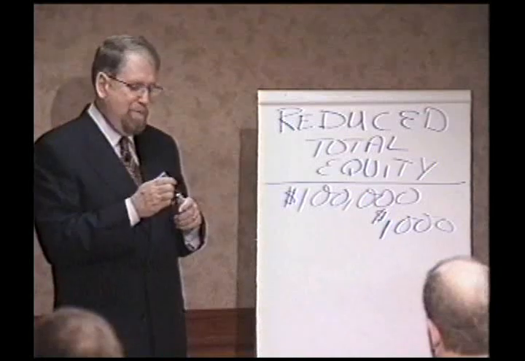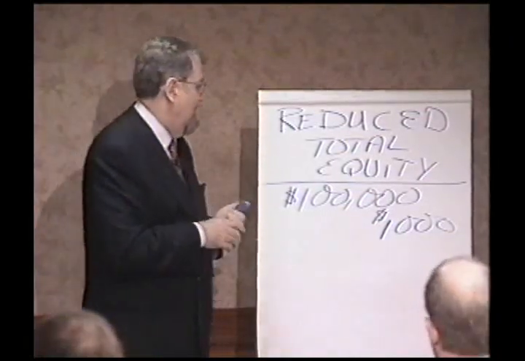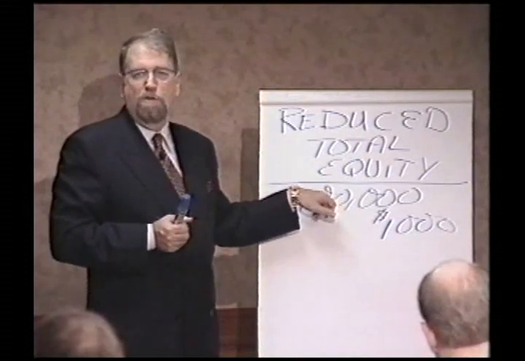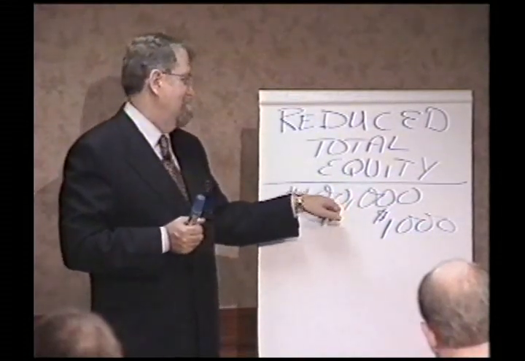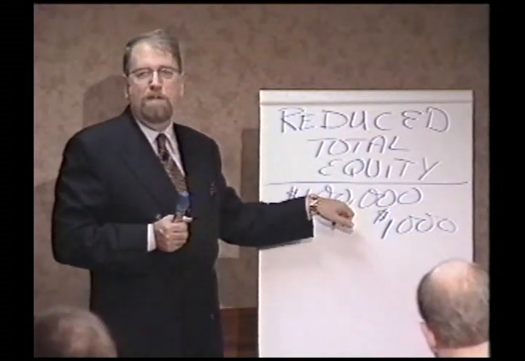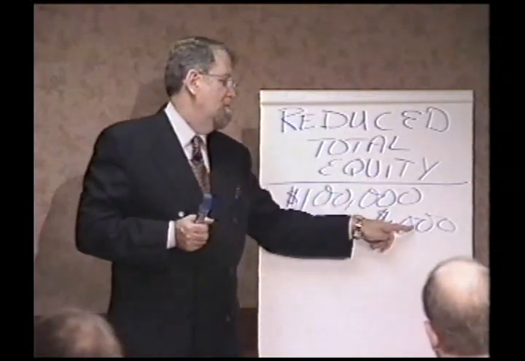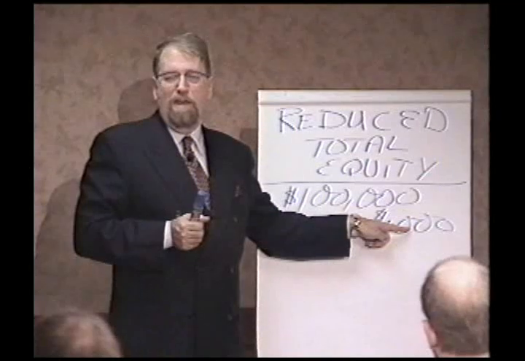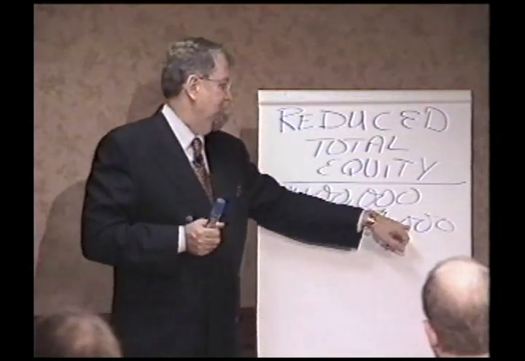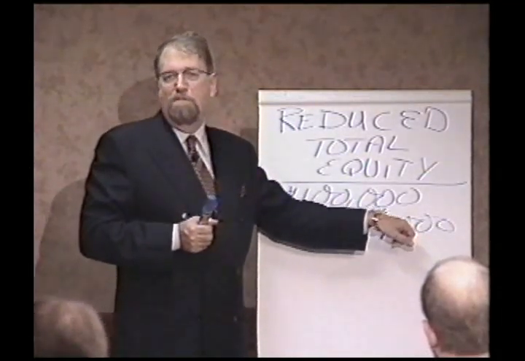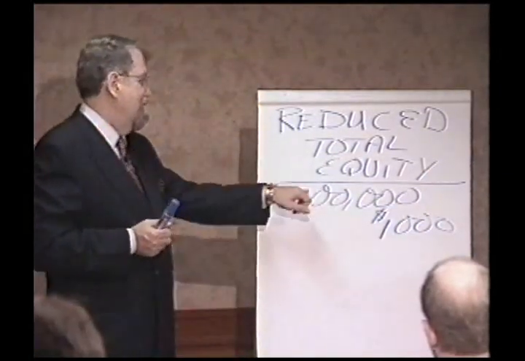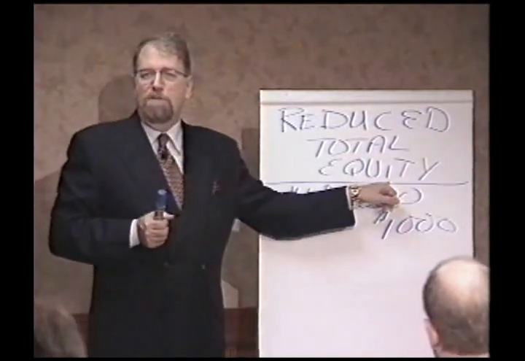So for example, let's say to start out with, your reduced total equity is the same as core equity, it's $99,000. But now this one happens to have your stop go down to $500. You only have $500 at risk. Now you have $99,500.